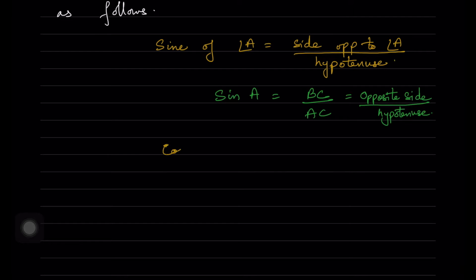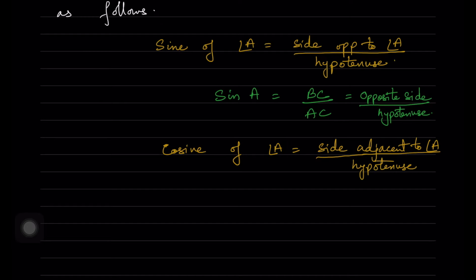Next, cosine of angle A is equal to the side adjacent to angle A divided by the hypotenuse. Here the side adjacent to angle A is AB, so cos A is AB by AC, which is adjacent side by hypotenuse.